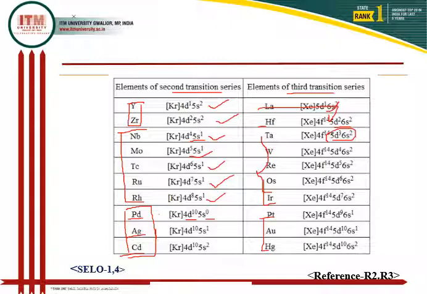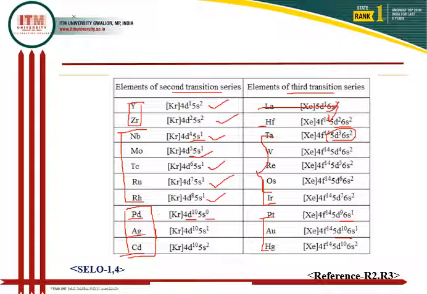So platinum is 5d9 6s1, gold has a complete d subshell, and mercury is similar.